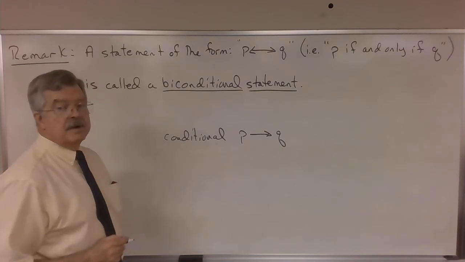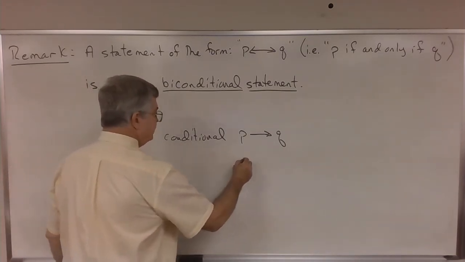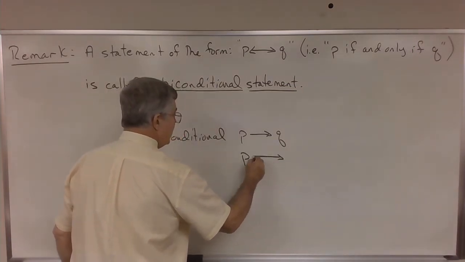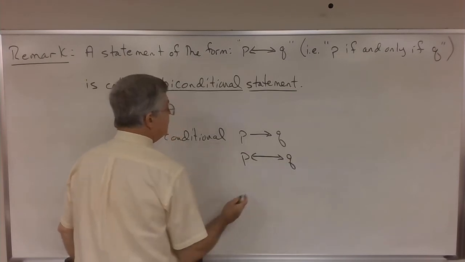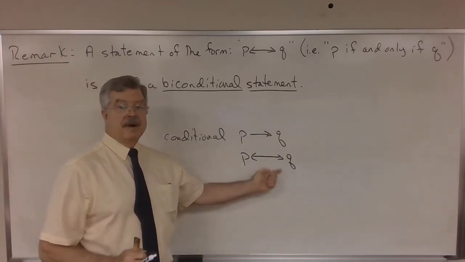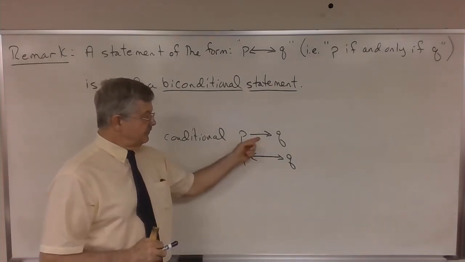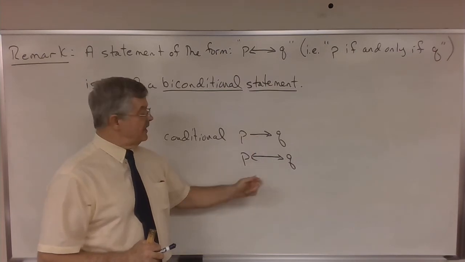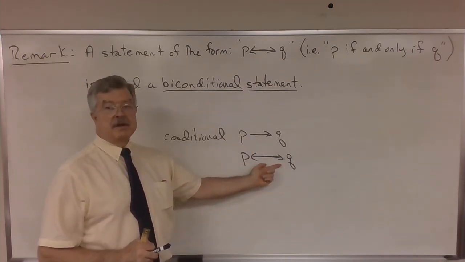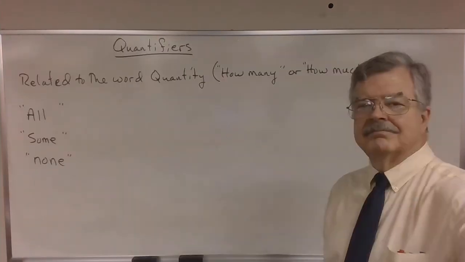The arrow going one way. So a biconditional statement has an arrow going this way, an arrow going that way: bi for two arrows, one going each way. So this is a conditional statement. It has an arrow going one way. This is a biconditional statement. It has an arrow going both ways.